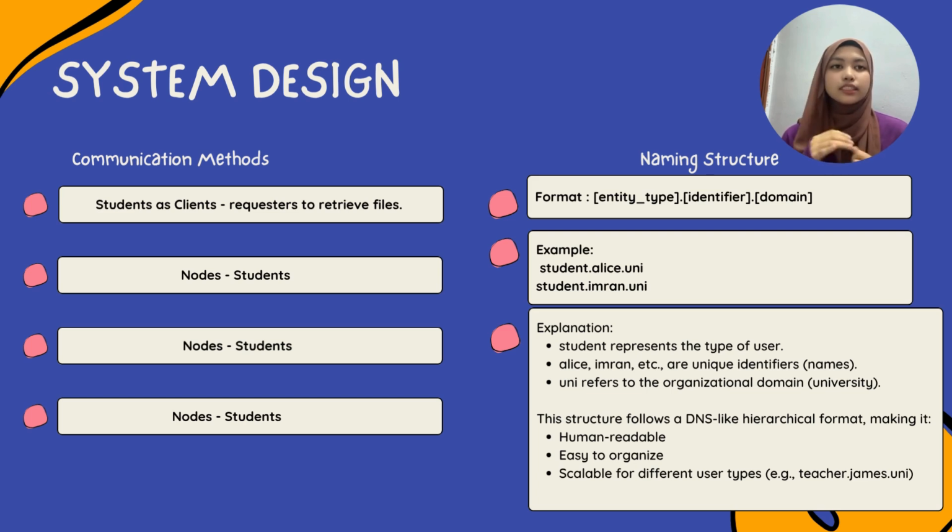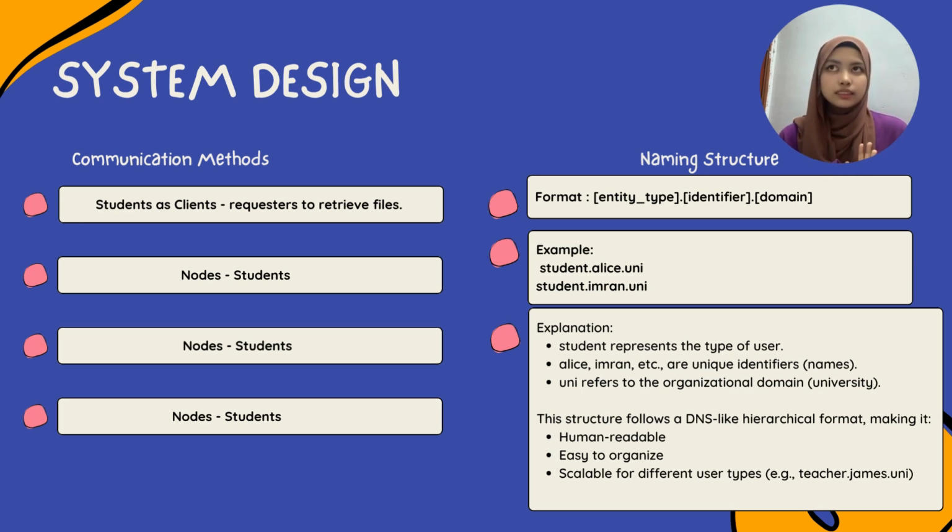Naming structure. This structure follows a DNS hierarchical format, making it human readable, easy to organize and scalable for different types of users. The student will represent the type of user and will be declared as a unique identifier, which is the name.